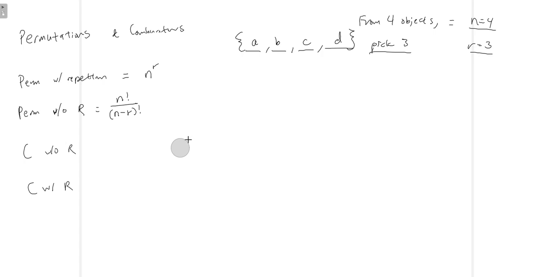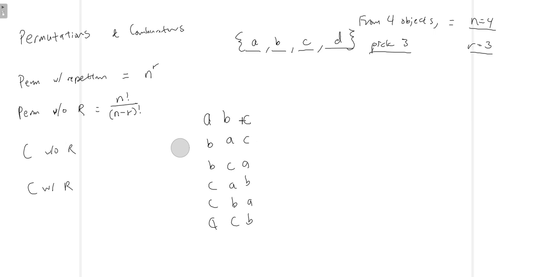In order to find that, if I pick ABC, and just count the number of permutations without repetitions, the different ways I can order ABC: BAC, or BCA, or CAB, or CBA, or ACB.